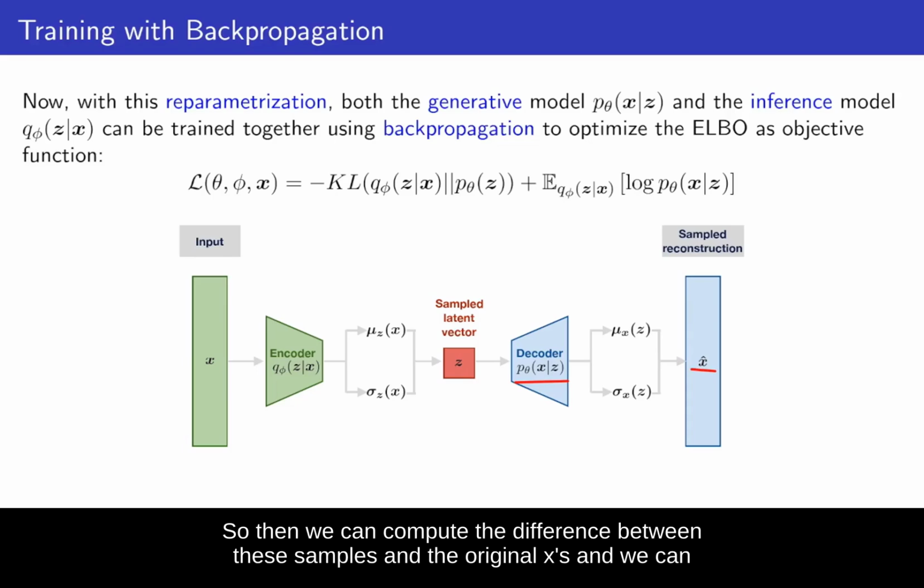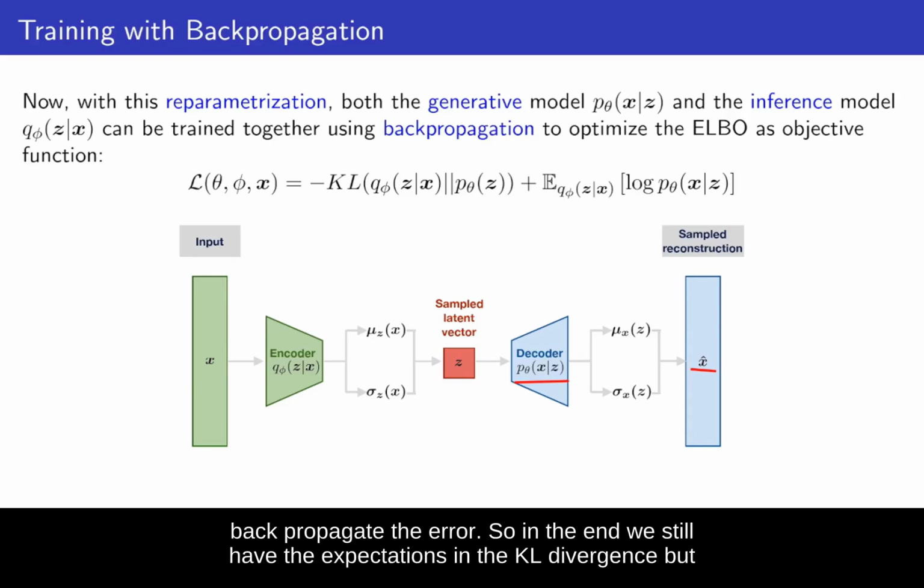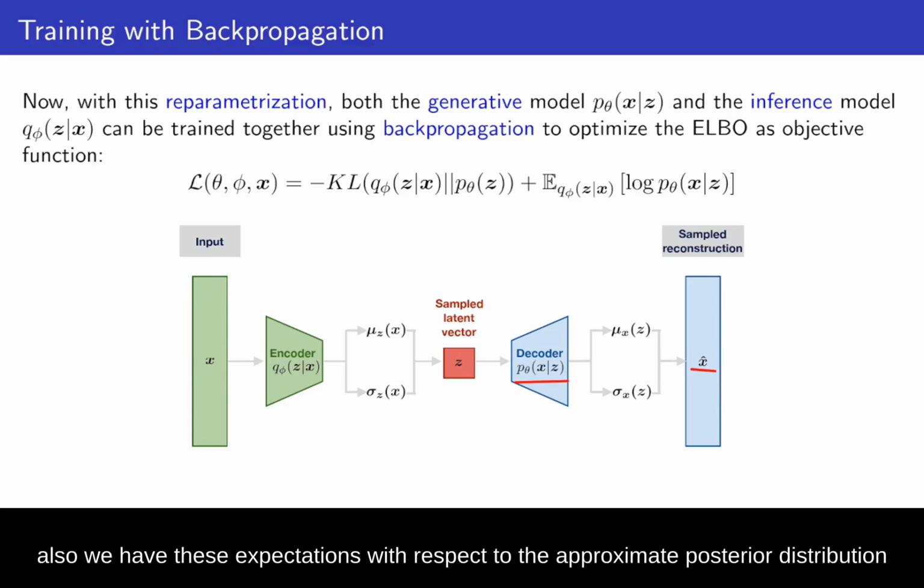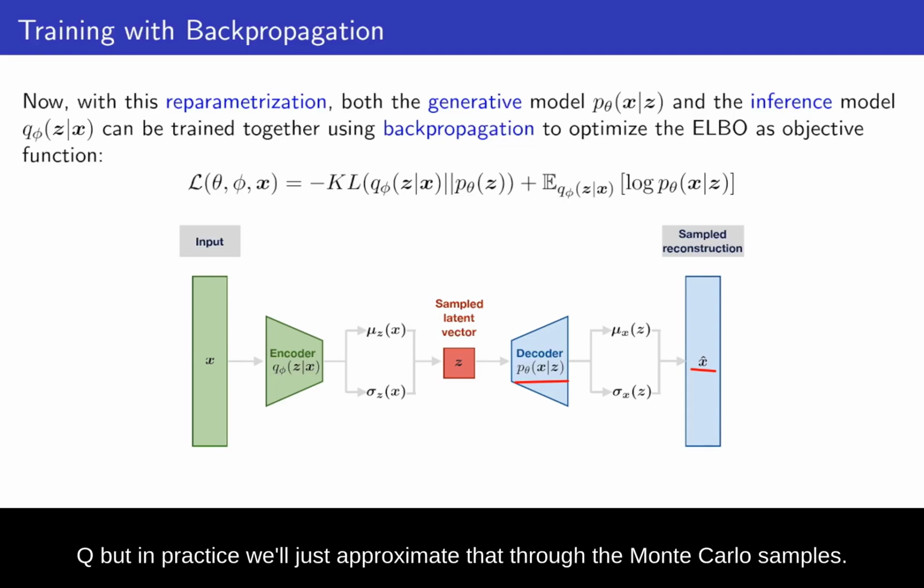Then we can compute the difference between these samples and the original X's, and backpropagate the error. In the end, we still have the expectations in the KL divergence, but also expectations with respect to the approximate posterior distribution Q. In practice, we just approximate that through Monte Carlo samples.